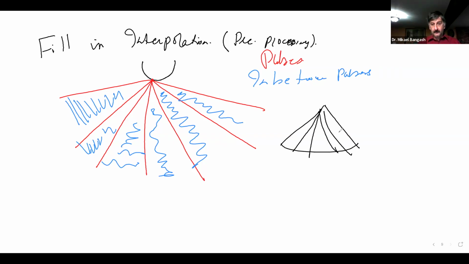There will only be information along the pulses that you actually got, whatever was scanned, but all the area in between the pulses was going to be blacked out.